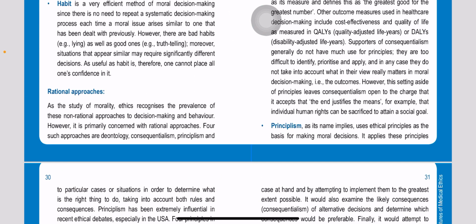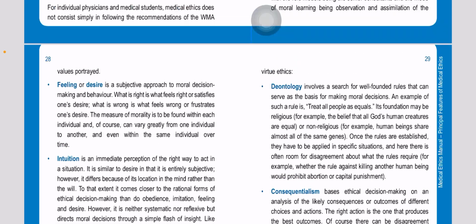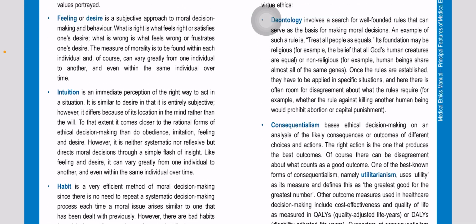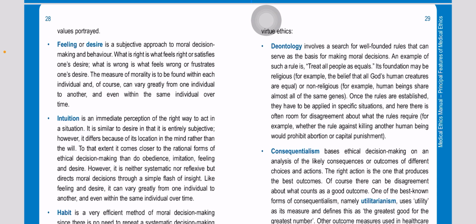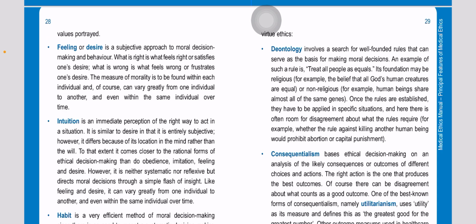Next, what are the rational approaches? There are certain ethical principles that will help you decide, and we have discussed this time and time again. Deontology involves a search for well-founded rules that can serve as the basis for moral decisions.